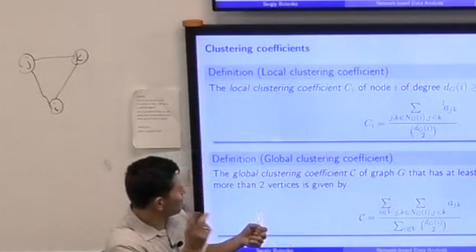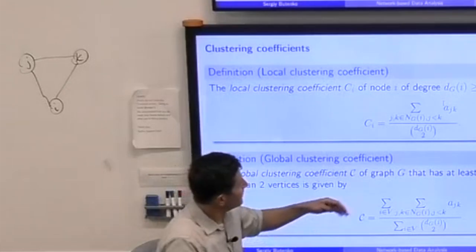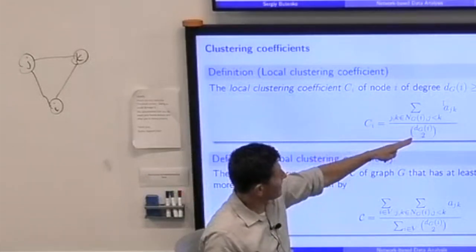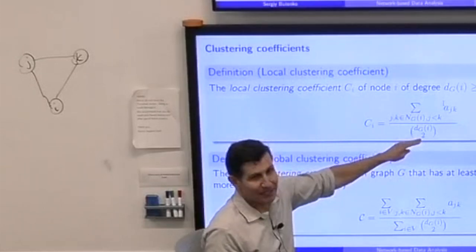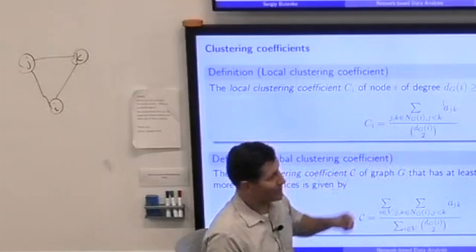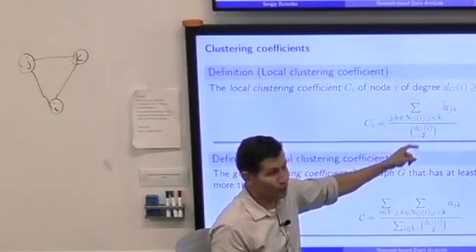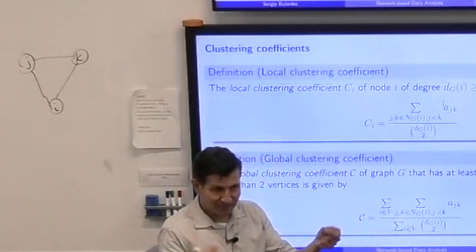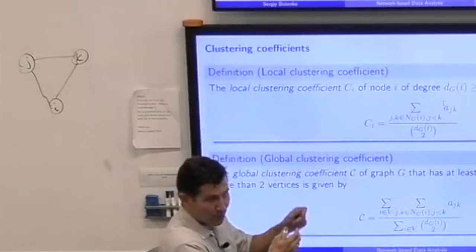So it counts the number of edges between the neighbors, and then in the denominator we have the maximum possible number of edges in the neighborhood graph. So what is this? This is the degree of I, choose 2. So this is the maximum possible number of edges that you can have in this neighborhood, right?